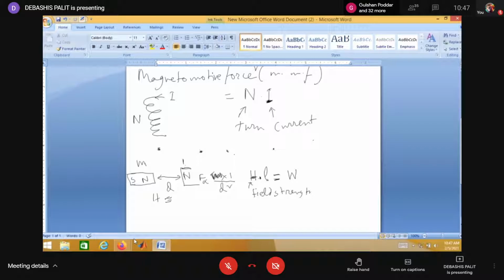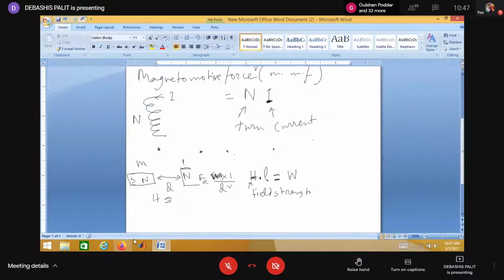You can say the magnetic potential. The potential at any point is analogous to magnetic potential. The magnetic potential at any point within the magnetic field is measured by the work done in shifting a unit north pole from infinity to a point.